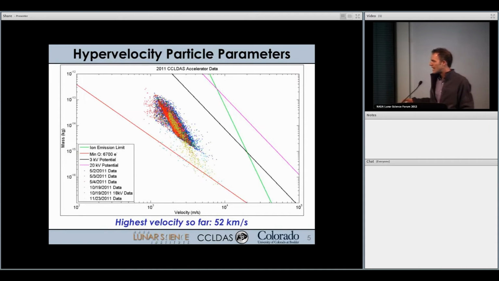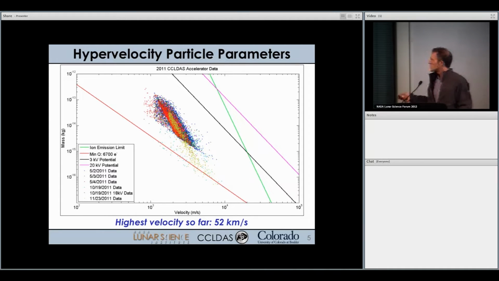We can launch anything that we can charge. The easiest things to launch are metallic particles, but we can also launch plastics or silicates if we can coat them with metal, charge them up, and then launch them through the electrostatic electric field. The sizes that we're talking about are a fraction of a micron to a few microns.